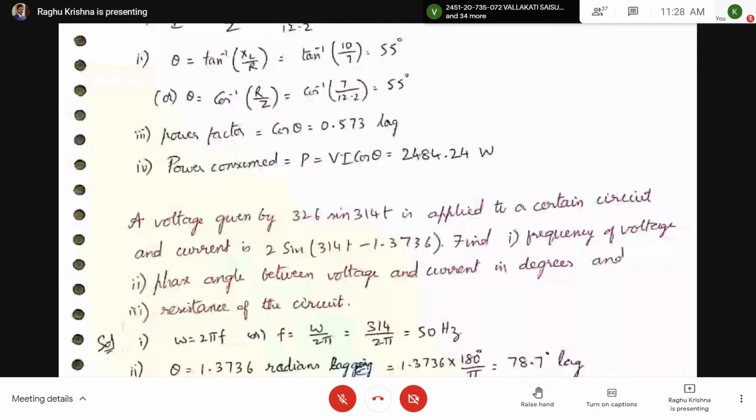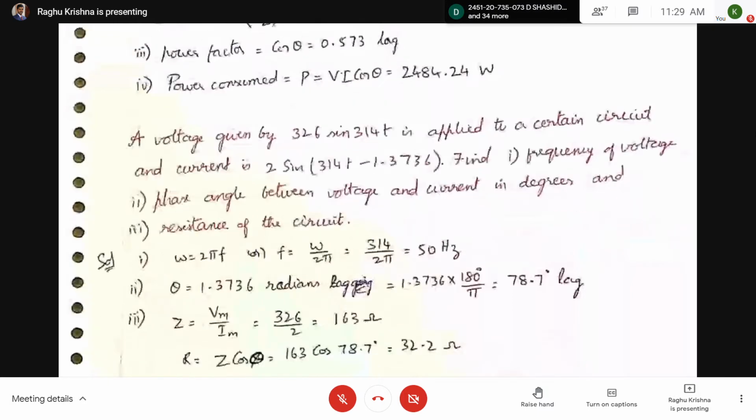So here, let us see the second problem. The voltage is given by this equation, 326 sin 314 t. It is applied to a certain circuit, and the current equation is given.